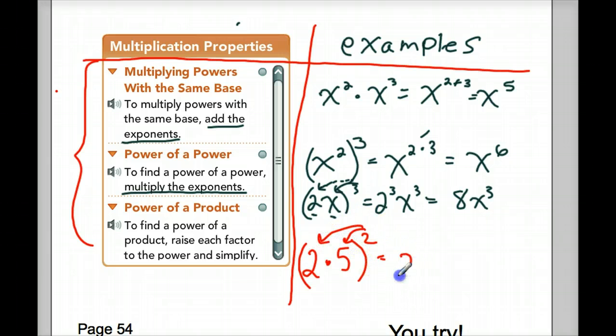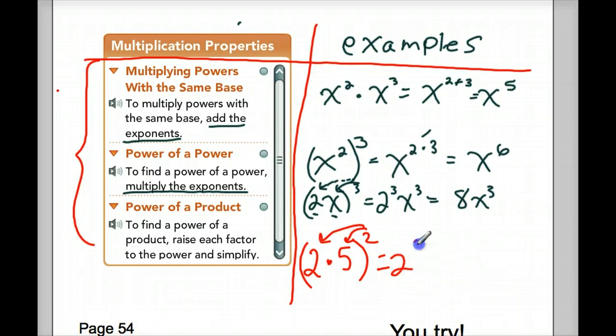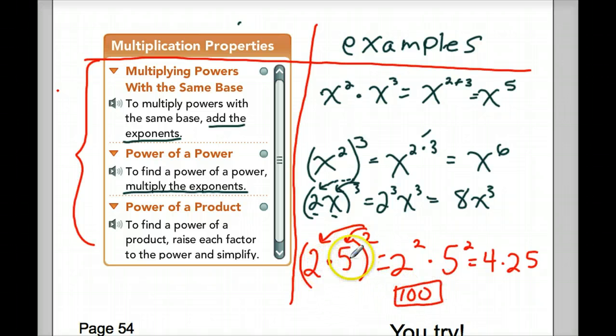So this now becomes 2 squared times 5 squared, which then gives you 4 times 25, which then gives you 100. And you might be thinking, I could have just multiplied 2 and 5, squared 10, and it'd give you the 100, but they just want you to know that that's what's happening. You're giving this power to each factor on the inside.